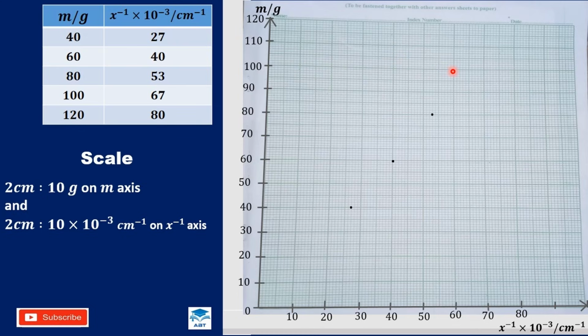This is 60. We count 7 more boxes to the right and we have the point here. The last one, we have 120 grams on the vertical axis and 80 per centimeters on the horizontal axis, meeting here. So we draw the line of best fit.